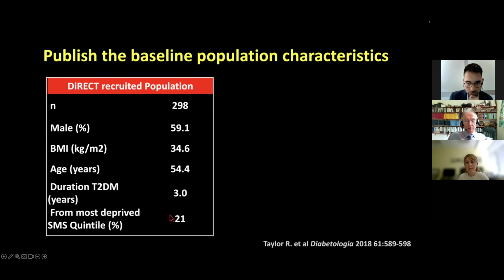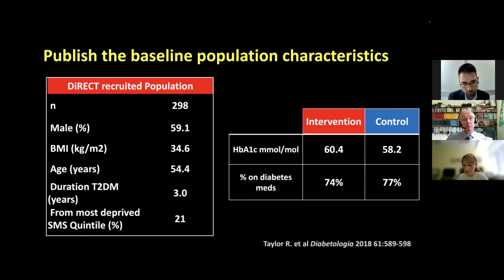And 1/5 of the population were from the most deprived socioeconomic quintile. In other words, the study was entirely representative of the population. HbA1c 60 millimoles per mole, similar in the controls, and most of them on anti-diabetes medication.